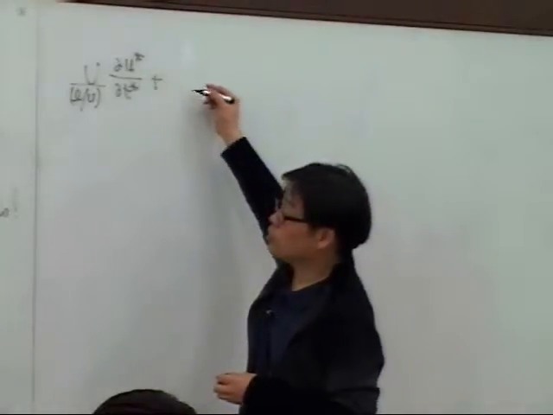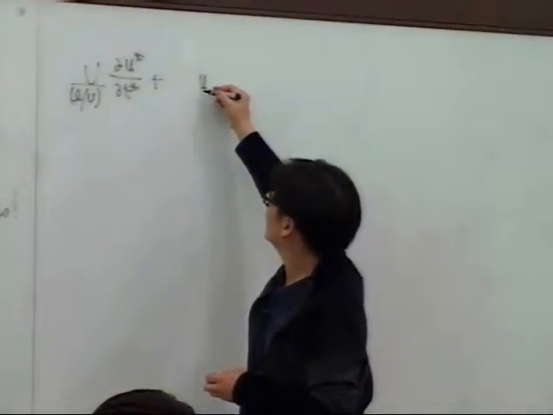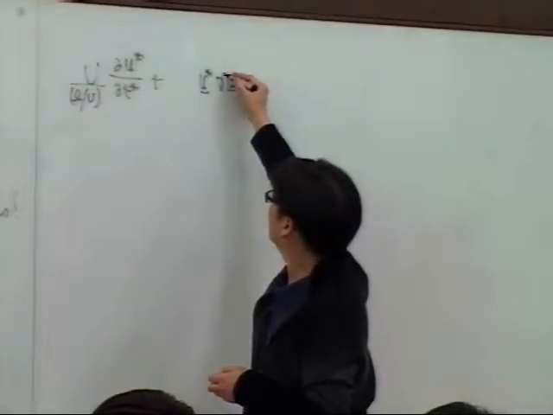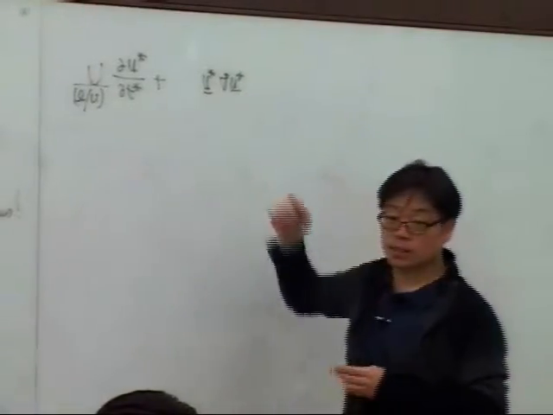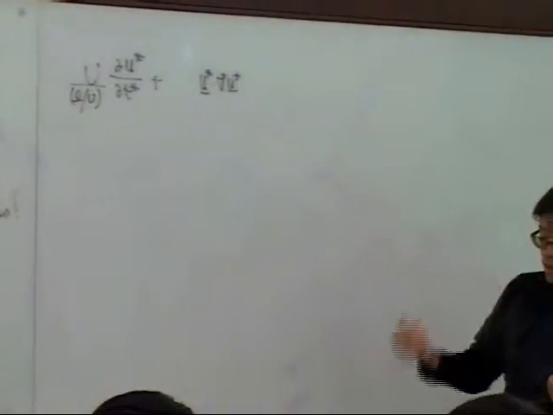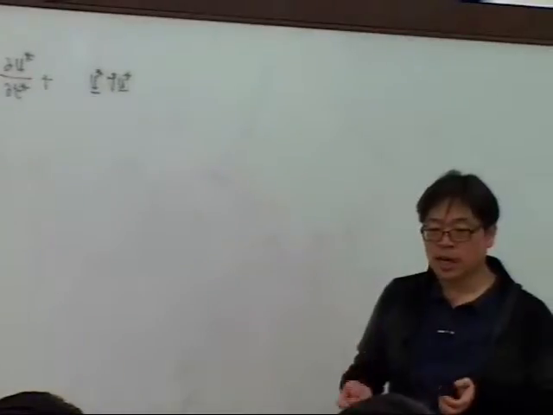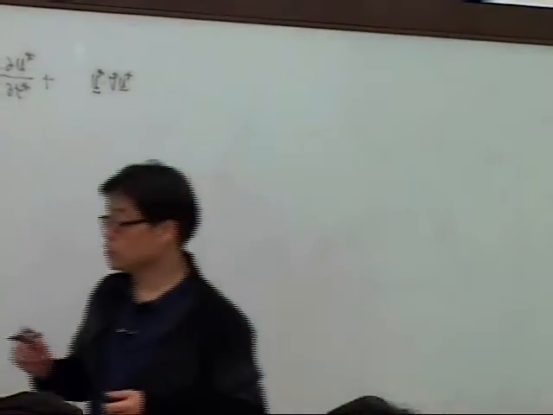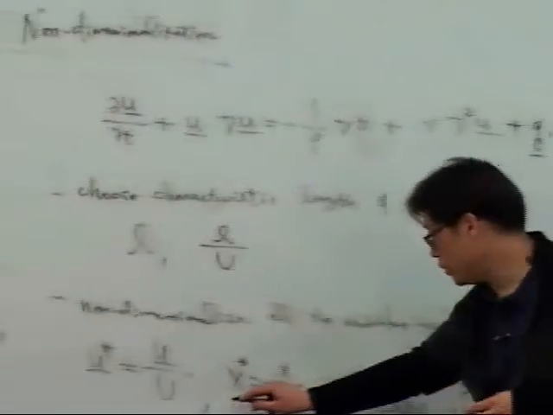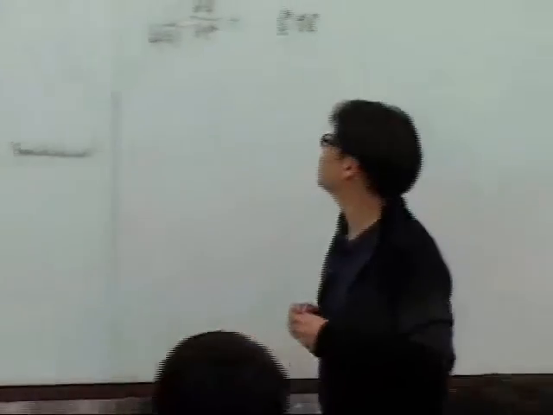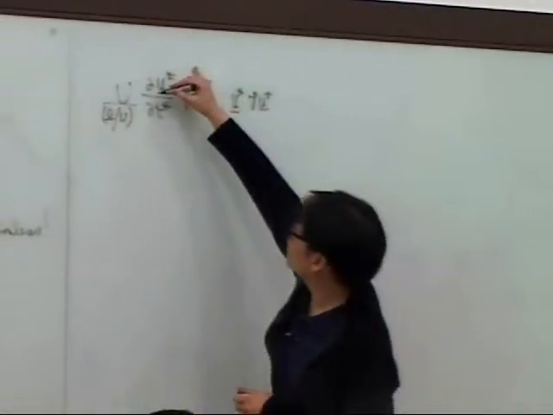And then the next term. Also this gradient has a star, because I take a derivative with respect to x star, y star, and z star. So this can be a vector. This is a vector again.